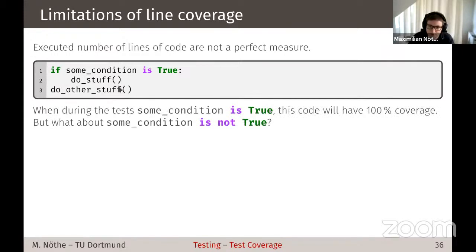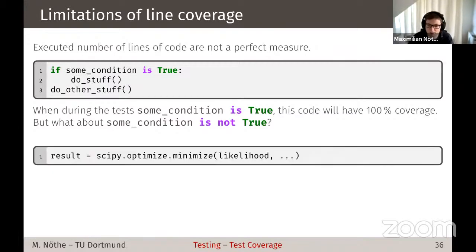So what happens if during the tests this condition is never false? Then we have 100% coverage because we executed all these 3 lines. But actually we maybe didn't test the important case of not doing stuff when the condition is false. And this brings us to something called branch coverage.